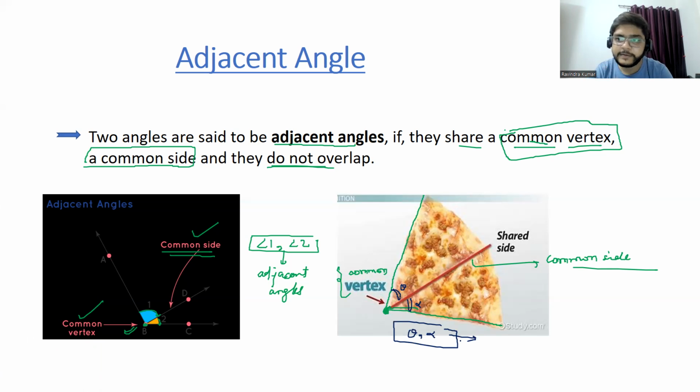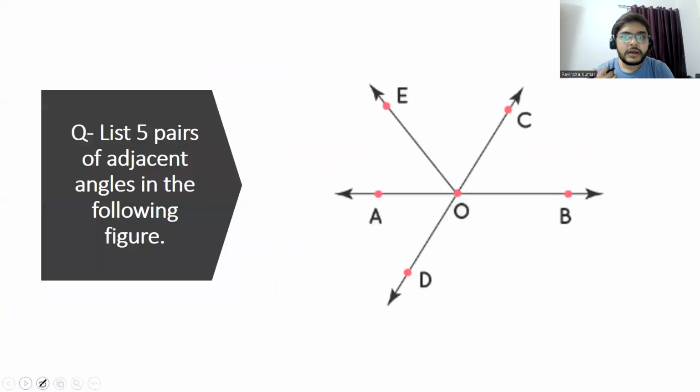Got it? Great. Now let's move ahead to the next one. We have to solve this question, which is based on adjacent angles. We have to find the list of 5 pairs of adjacent angles in the given figure. So let's name all the angles.